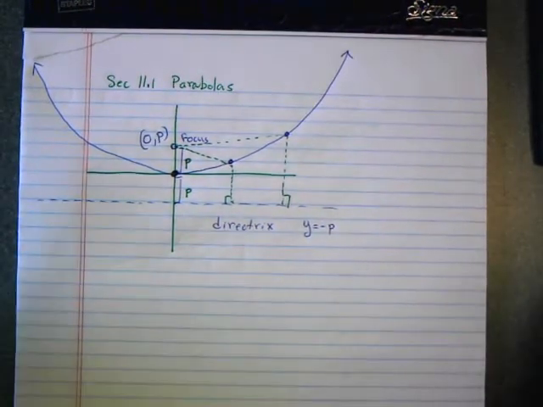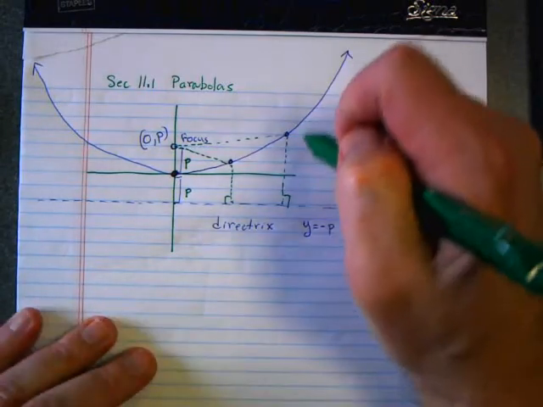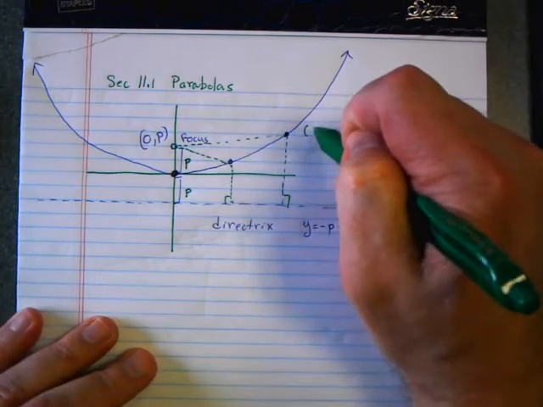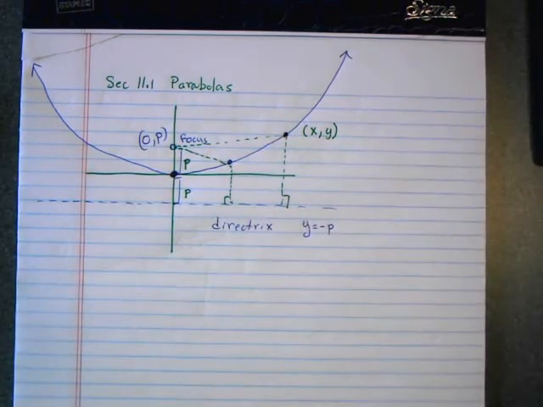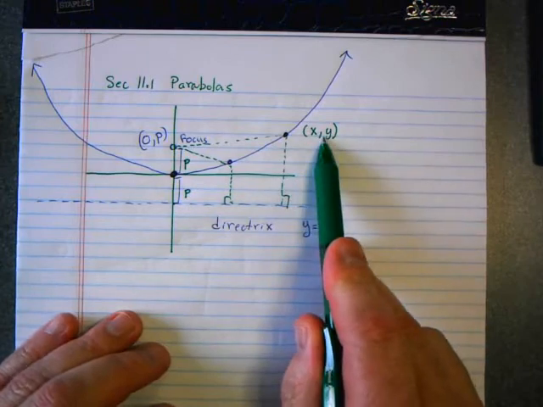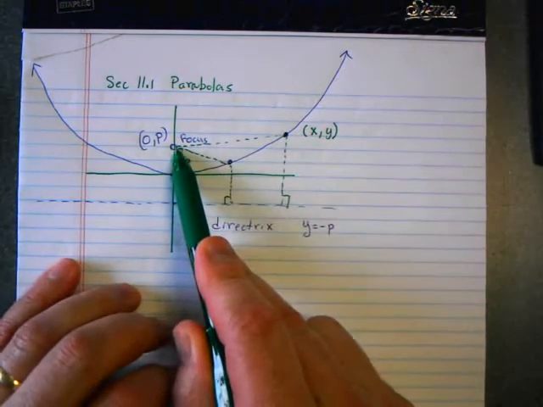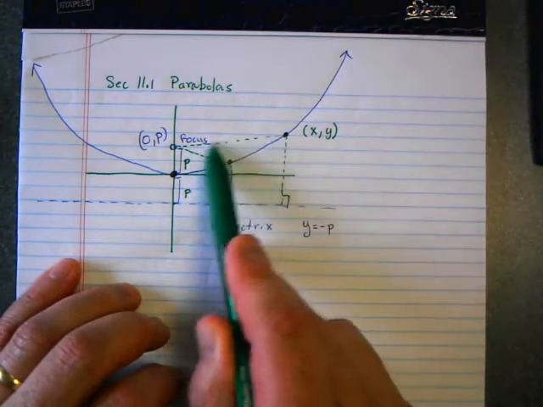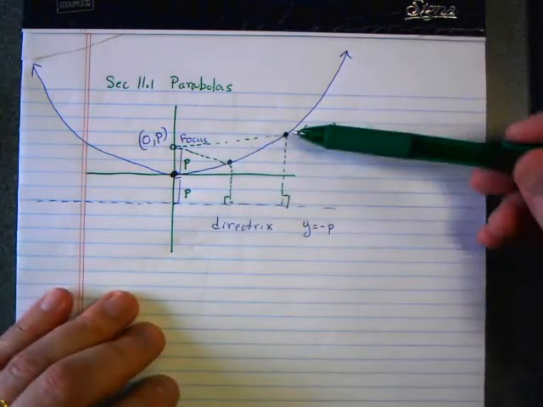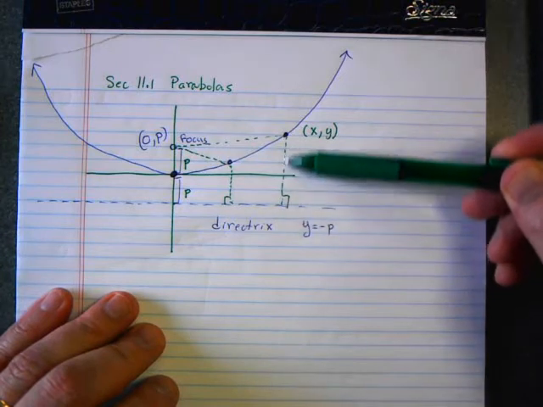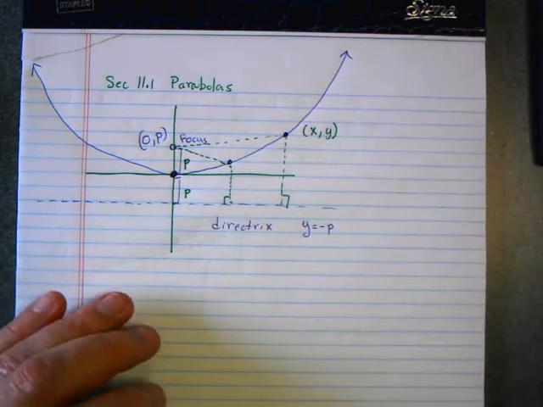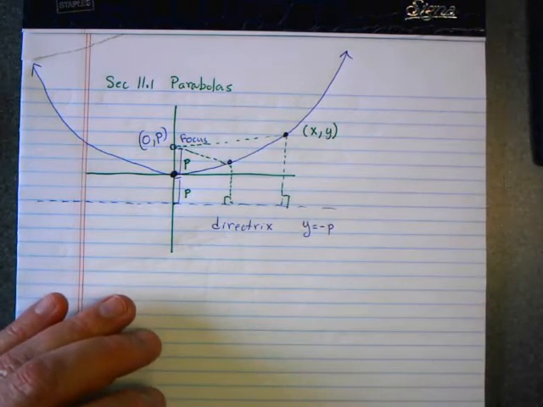Okay. So I'm going to pick a point on this parabola. I'm going to pick this point right here. And I'm going to call it (x, y). If this point is on the parabola, then what has to happen is this distance has to be exactly the same as that distance. How do you find distance between 2 points? You use a distance formula.